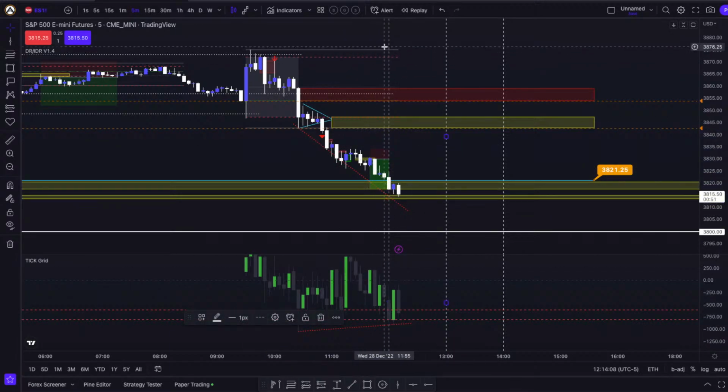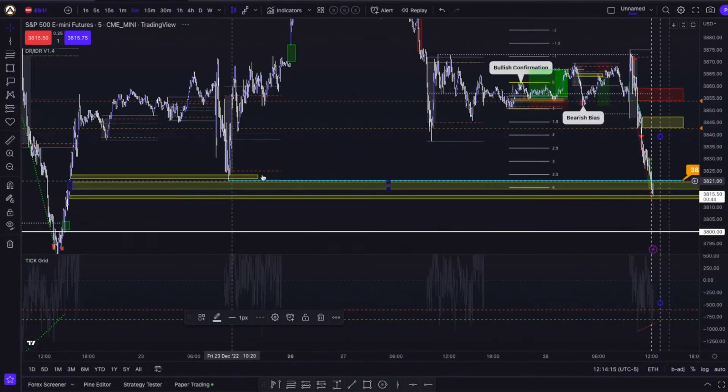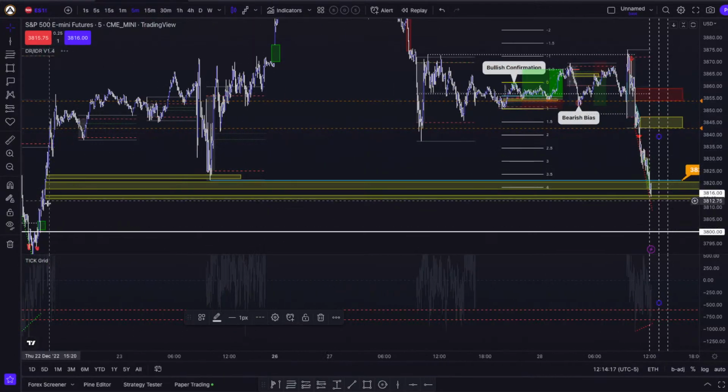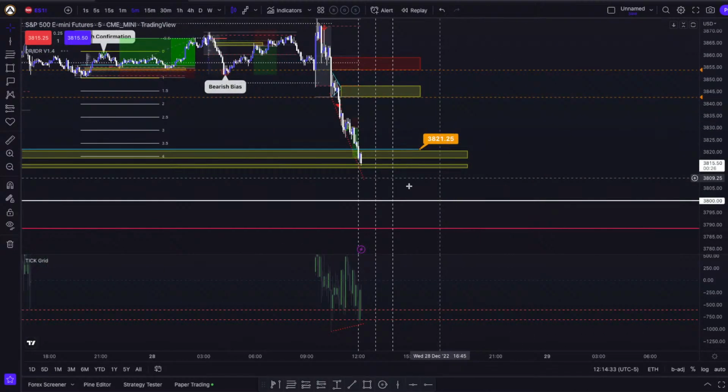So we still have that overall divergence. We took out Friday's sell side liquidity below Friday's low. We're now inside those last remaining fair value gaps inside this higher time frame hourly fair value gap that's basically spreading from somewhere around here down to the 3,800 key level. So this would be the next major level to focus on.